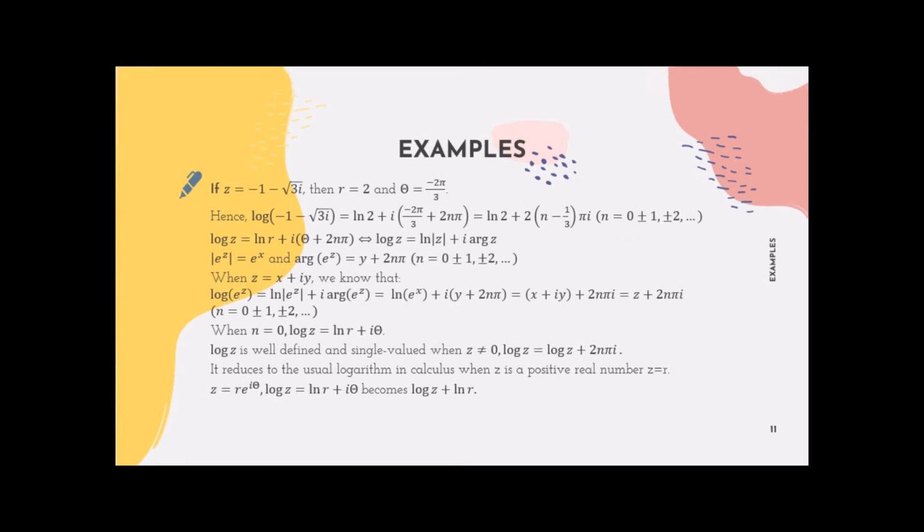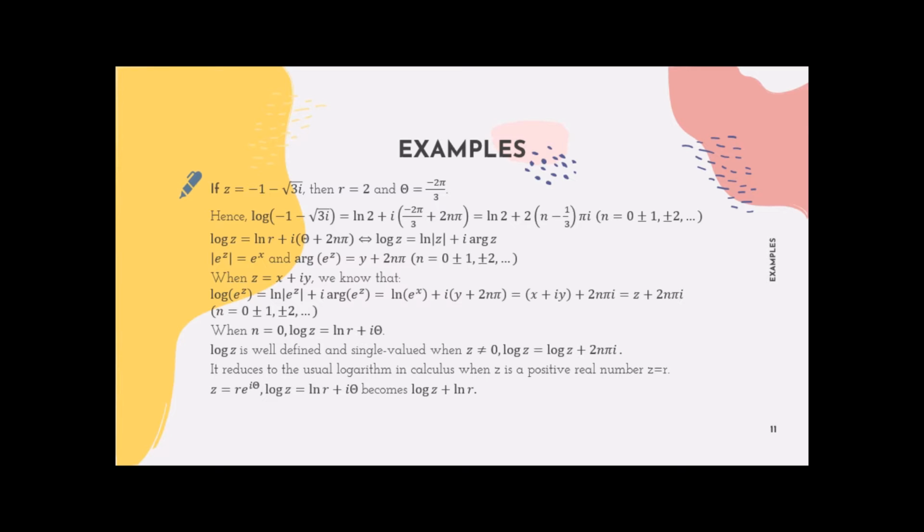For example, if z equal to minus 1 minus square root of 3 i, then r equal to 2 and theta equal to minus 2 pi over 3.